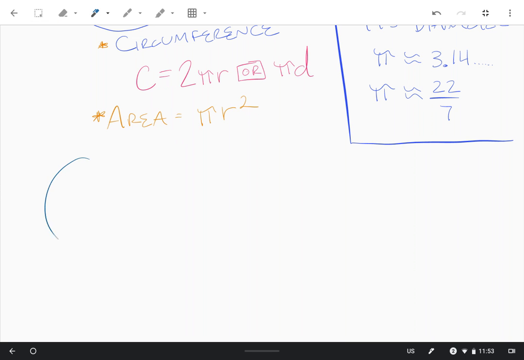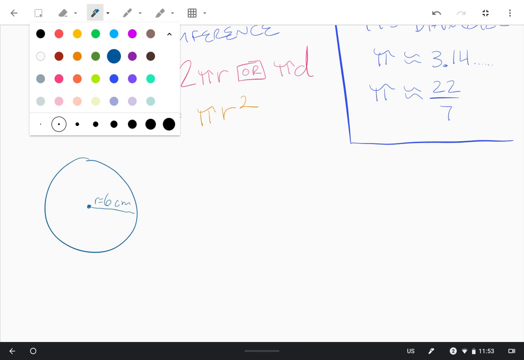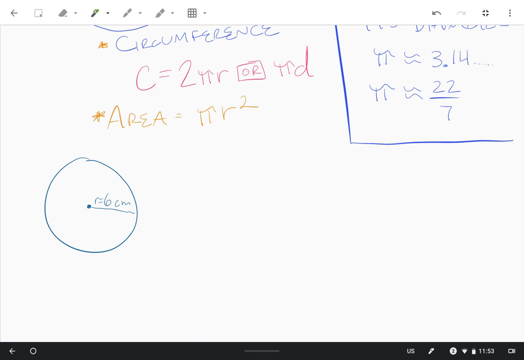Let's say I have a circle, and it has a radius of 6 centimeters. Okay, r equals 6 centimeters. What would be the circumference and area of that circle? Well, the circumference formula says we do 2 times pi times the radius, which is 6.